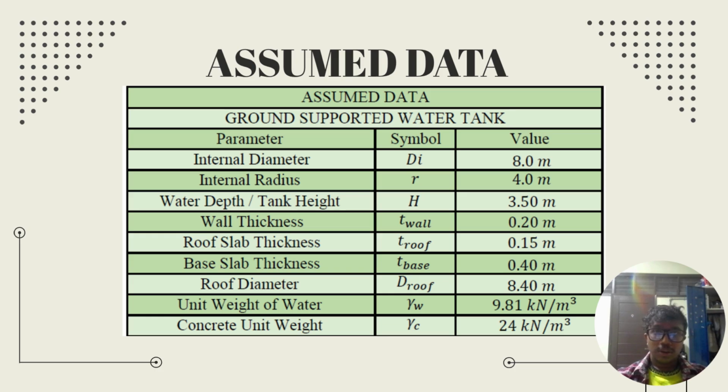Wall thickness 0.2 meter. Roof slab thickness 0.15 meter. Base slab thickness 0.4 meter. Roof diameter 8.4 meter. Unit weight of water 9.81 kilonewton per meter cube. And finally, the concrete unit weight is 24 kilonewton per meter cube.